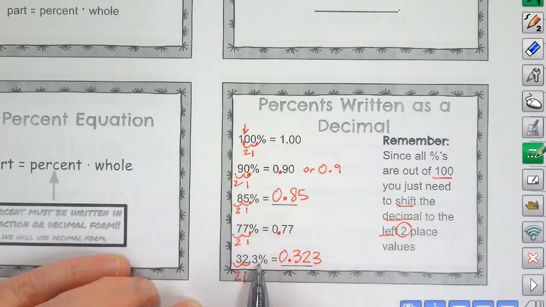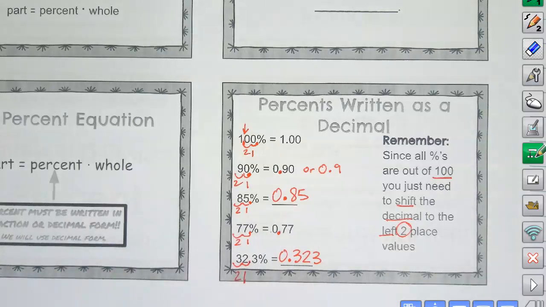Notice I didn't start my decimal here after the 3, and the reason why is because the decimal was already showing, in between the 2 and 3. So wherever the decimal is, that's where I start moving it. In the problems prior to this, we couldn't see the decimal. If we don't write the decimal, that means it's at the end of the number, and that's why I was always starting from the end.